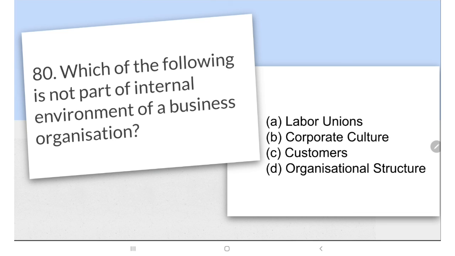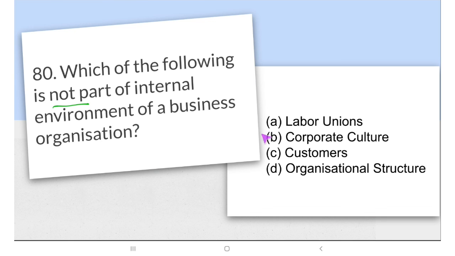80th question. We are at the last question of today's session. Which one of the following is not a part of internal environment of a business organization? It's asking what is not. So let's see the options: labor union, corporate culture, customers, organizational structure.